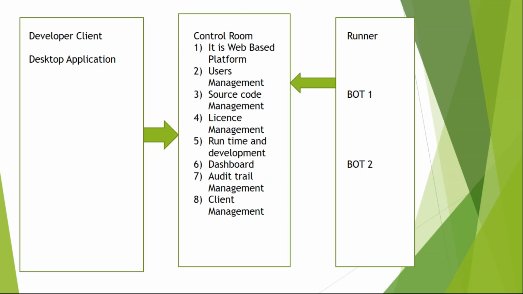So it is basically a server type application, and everything is maintained on the control room. And then we talk about the client. The client is a desktop application which is installed in your system, and once it is installed you can create the task or automate the task on the client machine.